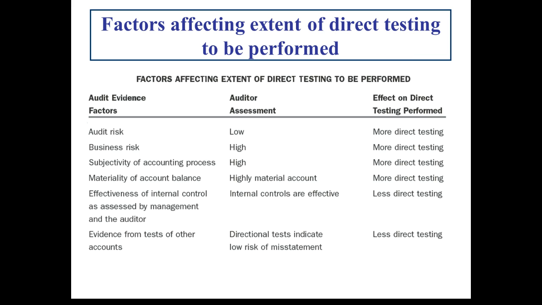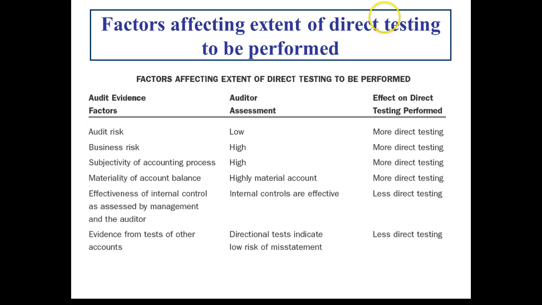If we're not sure of the accounting processes, and it's kind of a gray issue, we're going to want to do more direct testing. If we're concerned about materiality in account balances, we're going to do more direct testing. The effectiveness of internal controls as assessed by management and the auditor.